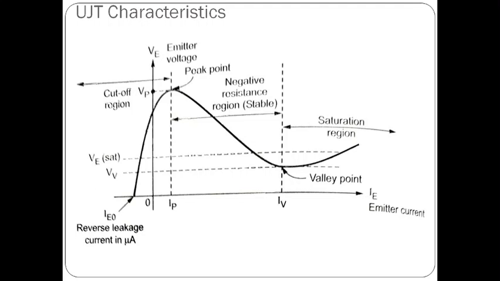The voltage required to turn on the UJT is the peak point voltage. It is the sum of the diode voltage and the drop across the RB1 resistor. Once it reaches the peak point voltage, the UJT will turn on.